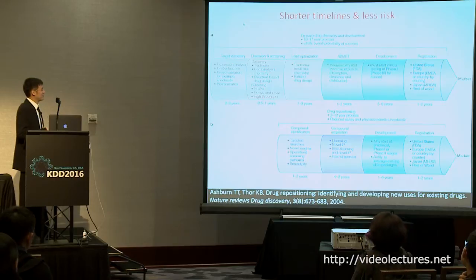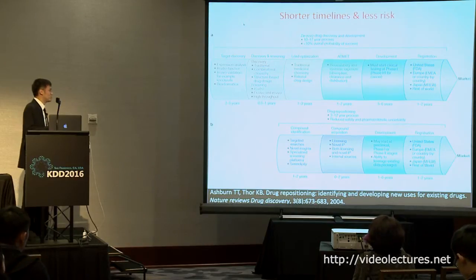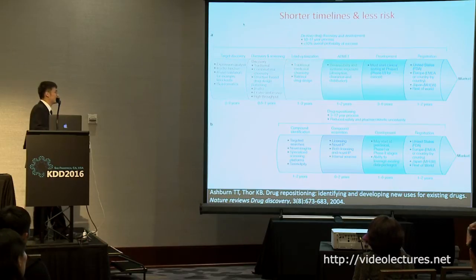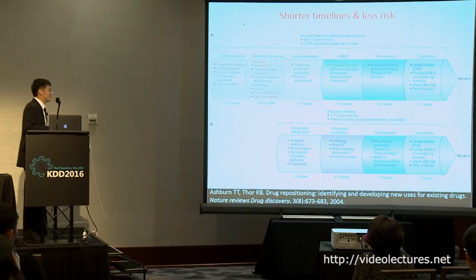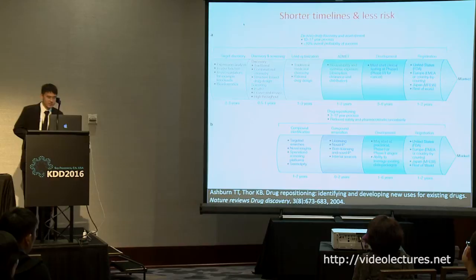Once people make the prediction that the drug can be used for another disease, they can identify the compound and go to development. Maybe they can start from phase 2 and also register with the FDA, and this will save a lot of money.